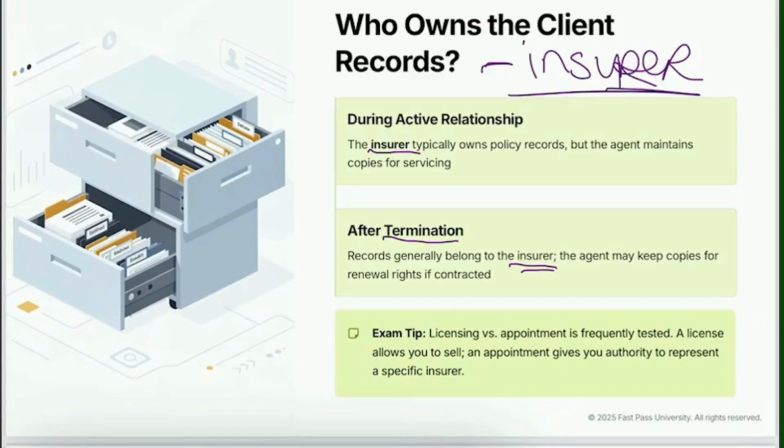You need to be appointed with the insurance company in order to sell their policies, okay? And you can't just make up your own policies. Those would have to be approved by the superintendent. So once you pass your test, you cannot just go out and start writing policies. You first need to wait for your license to be approved and issued, and then generally you need to get appointed with an insurance company.